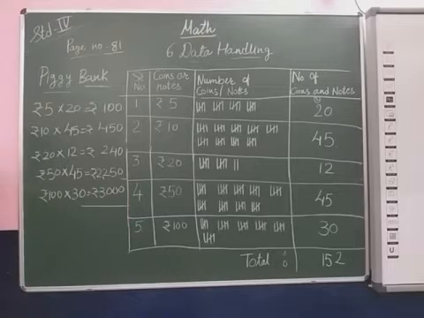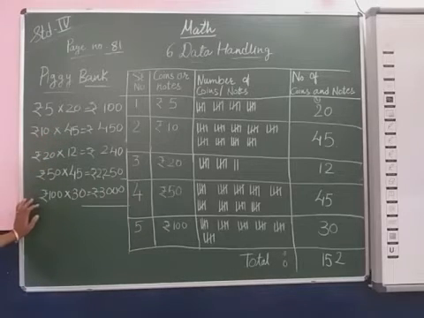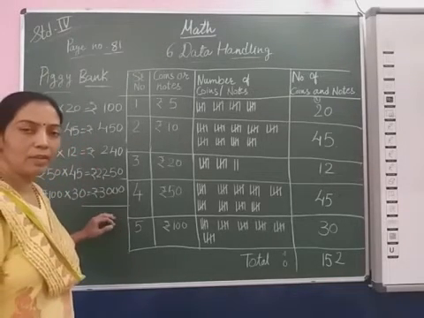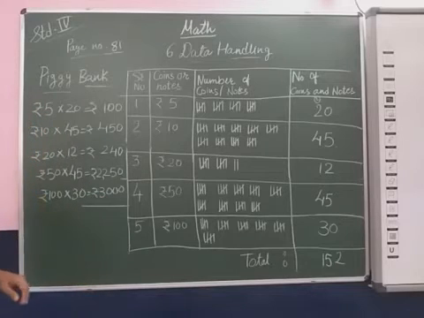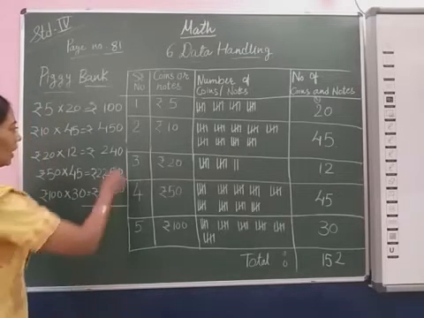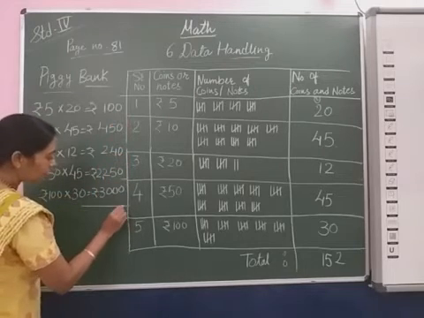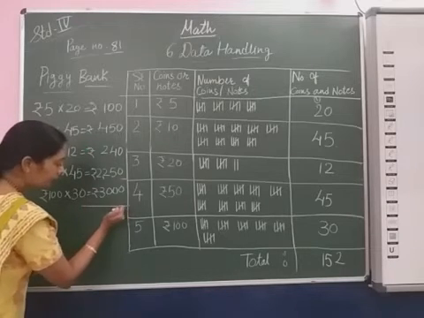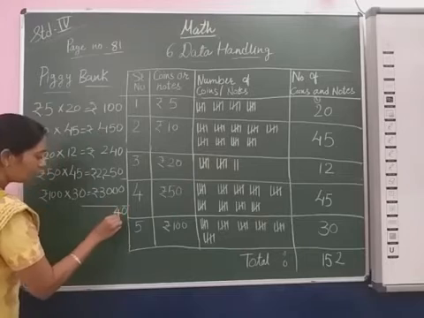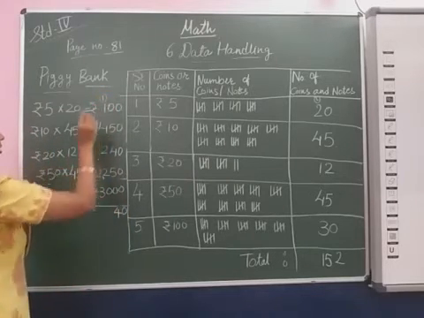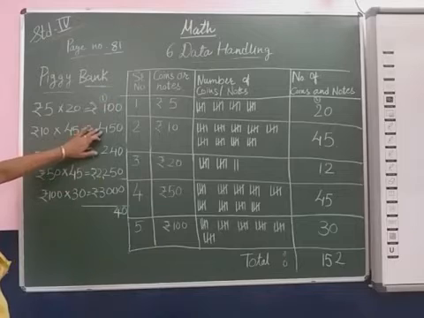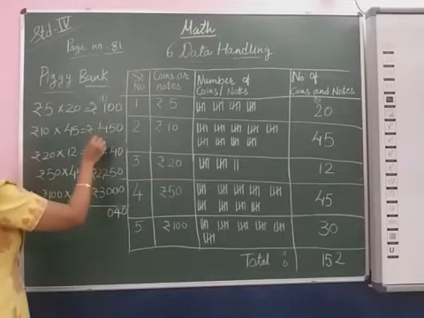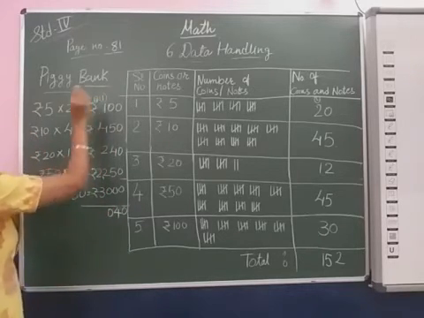Now students, here we will find the sum of the total amounts, then we will get the answer to the last question. Let us add all these numbers: 0, 5, 9, that is 14. 1 is carried forward. 1 plus 1, 2, 2 plus 4, 6, 6 plus 2, 8, 8 plus 2, 10. 0, and 1 is carried forward to the 1000 place.